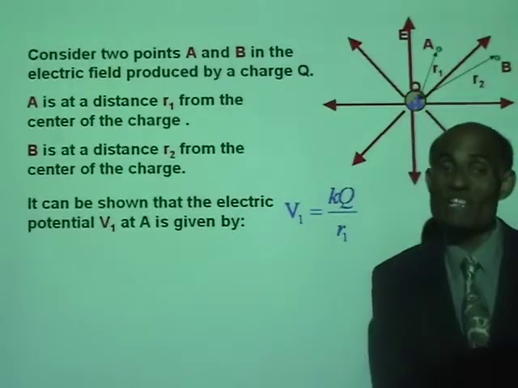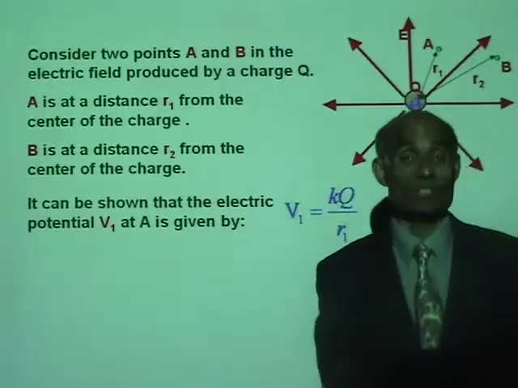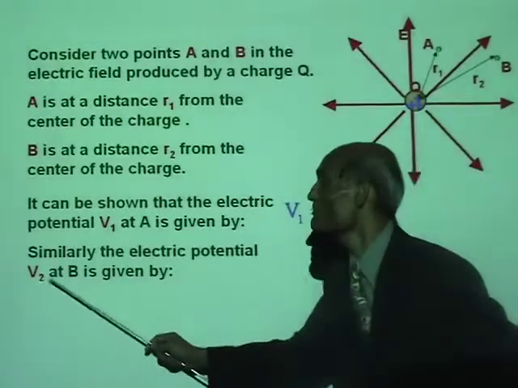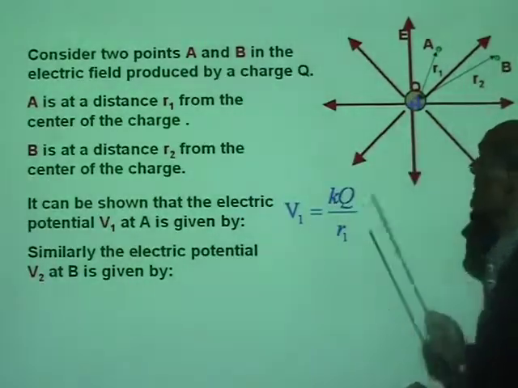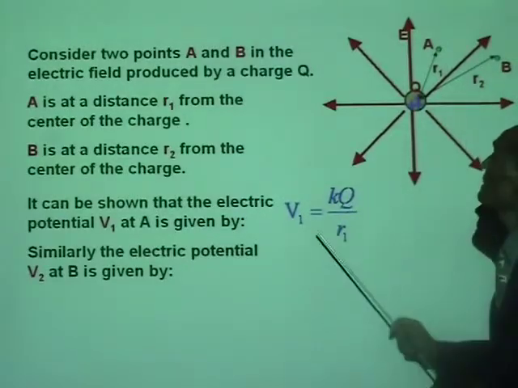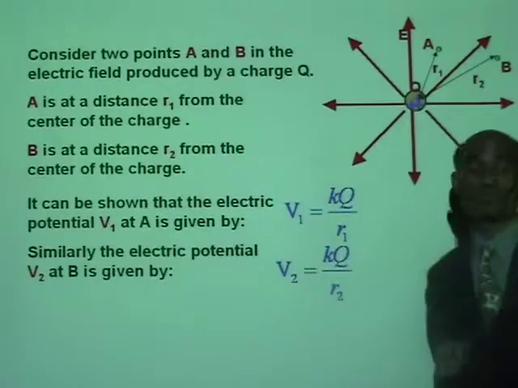Electric potential, is that a vector quantity? No, it's a scalar quantity. Alright, similarly the electric potential V2 at B. Can you write the expression for the potential at B? V2 equal to KQ over R2.